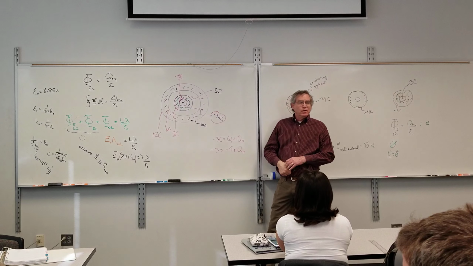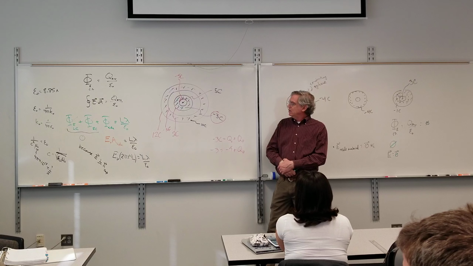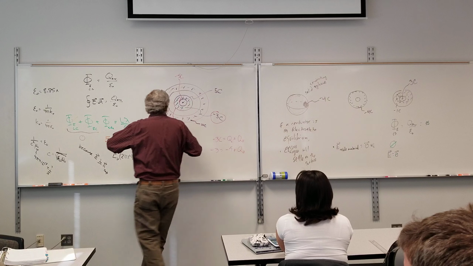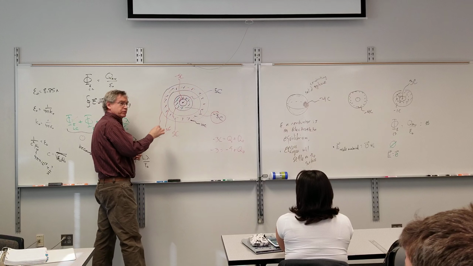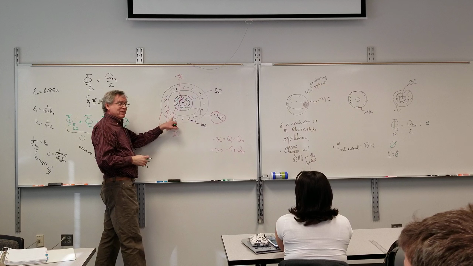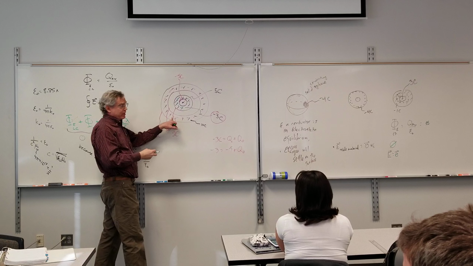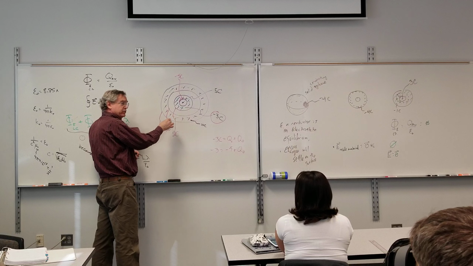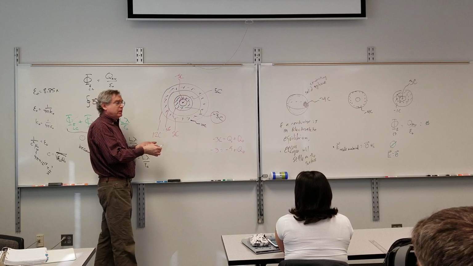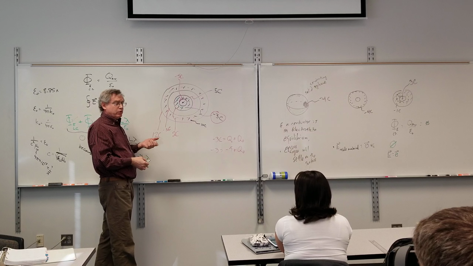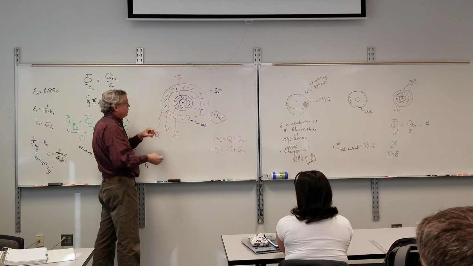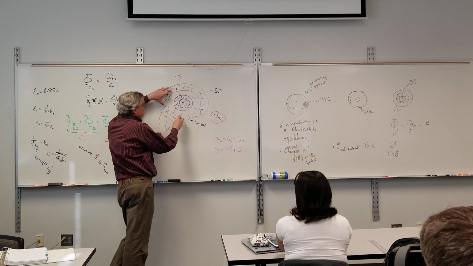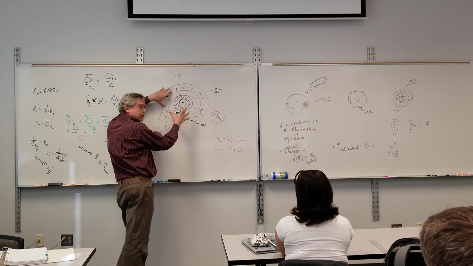Why is the middle one negative 2 coulombs? Again, this pink Gaussian surface: I know that inside a conductor in electrostatic equilibrium, the electric field is 0. If the electric field is 0, the electric flux is 0. The electric flux has to equal the total enclosed charge divided by epsilon naught. If my flux is 0, then the total charge has to be 0.